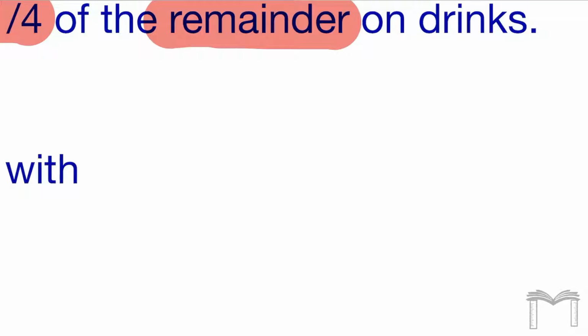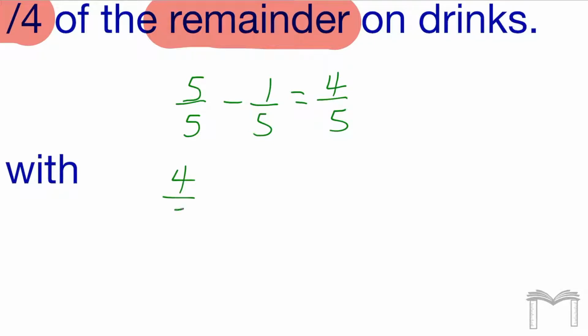So 1 whole, which we can write as 5/5, take away 1/5, which was spent on food, will give us 4/5. So we're now going to find a quarter of 4/5, or a quarter of the remainder.